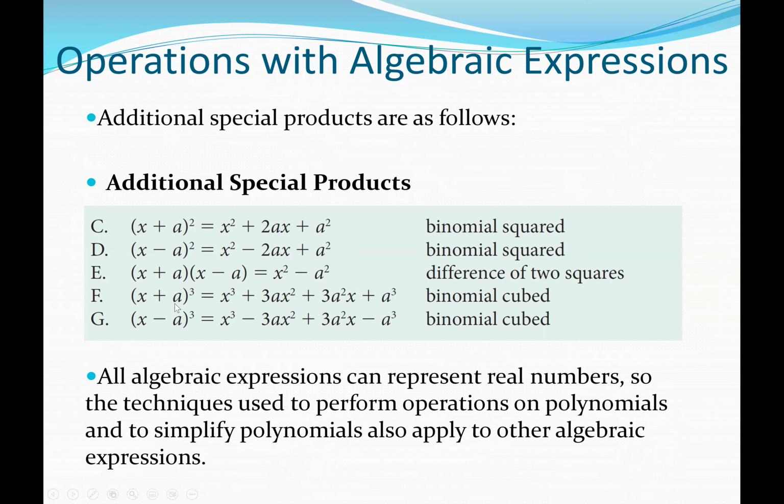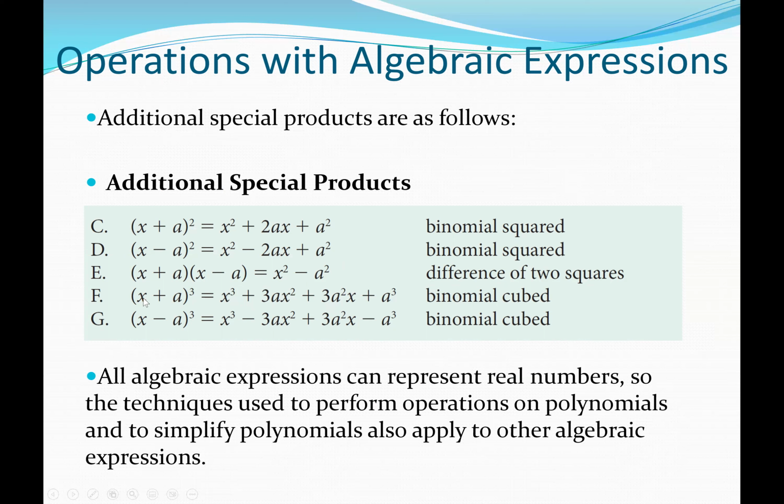Then we also have the cubic binomial formula. So if I have x plus a cubed, it is the same as x cubed plus 3ax squared plus 3x squared. We can see how, first of all, it's x plus a cubed.